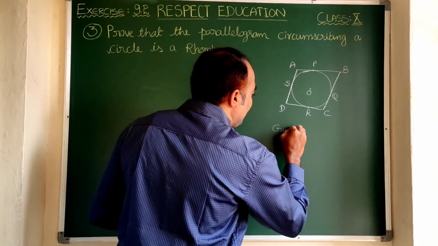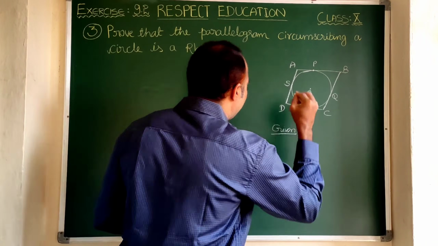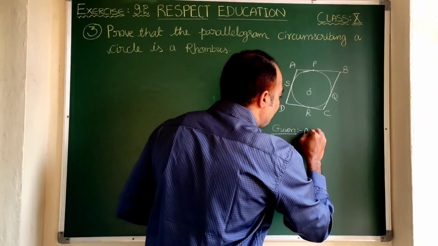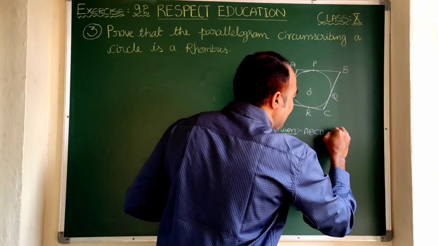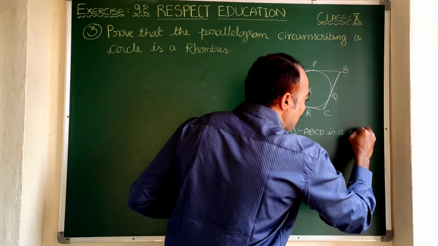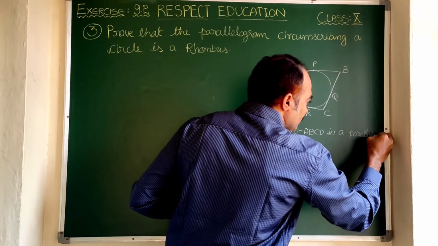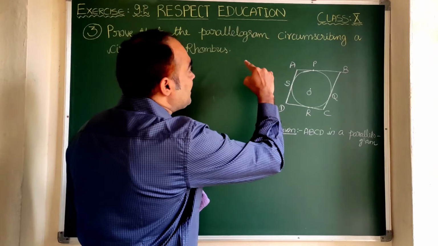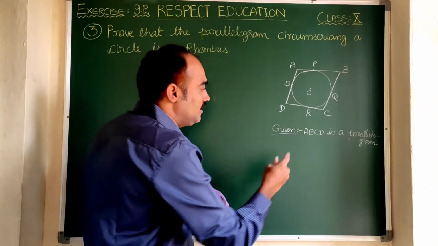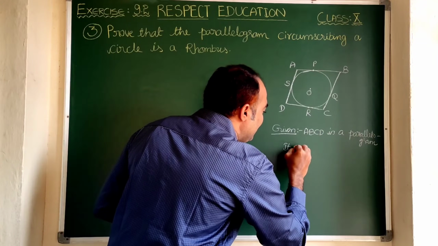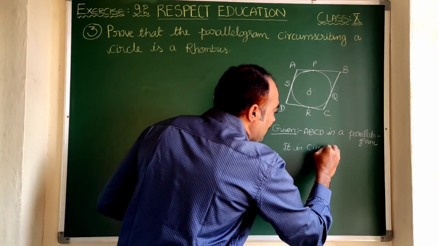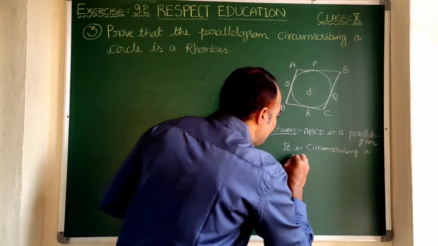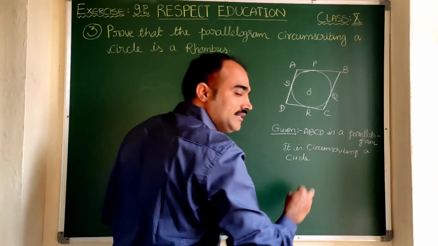First, given. Here what is given? ABCD is a parallelogram. Right. That is circumscribing a circle. Right.